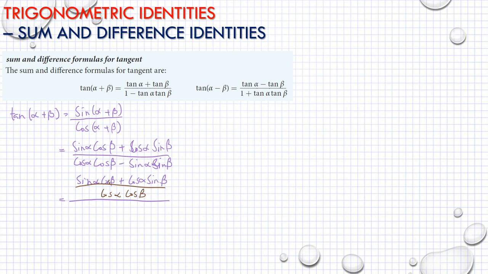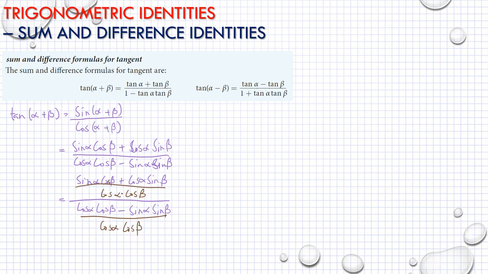We do the same with the denominator. So we have cosine alpha cosine beta subtracted by sine alpha sine beta divided by cosine alpha cosine beta.